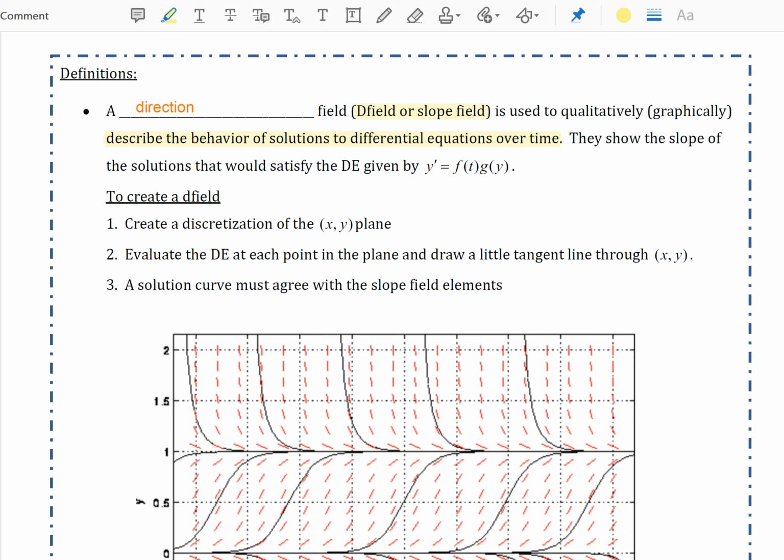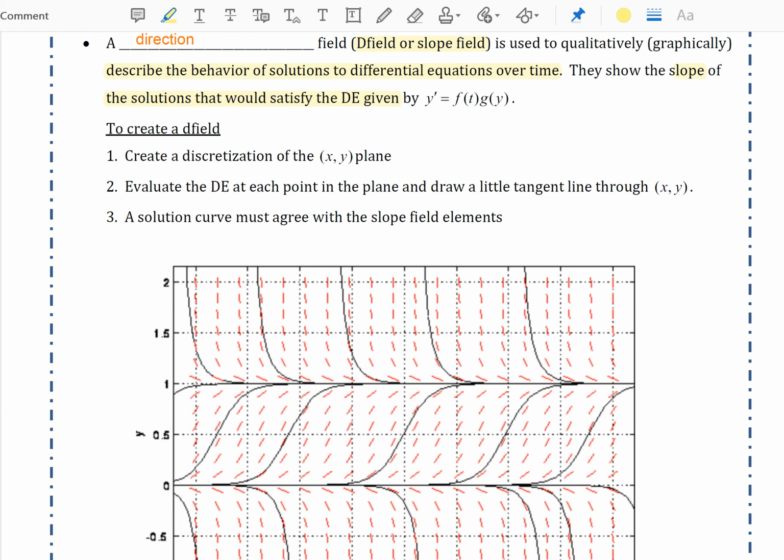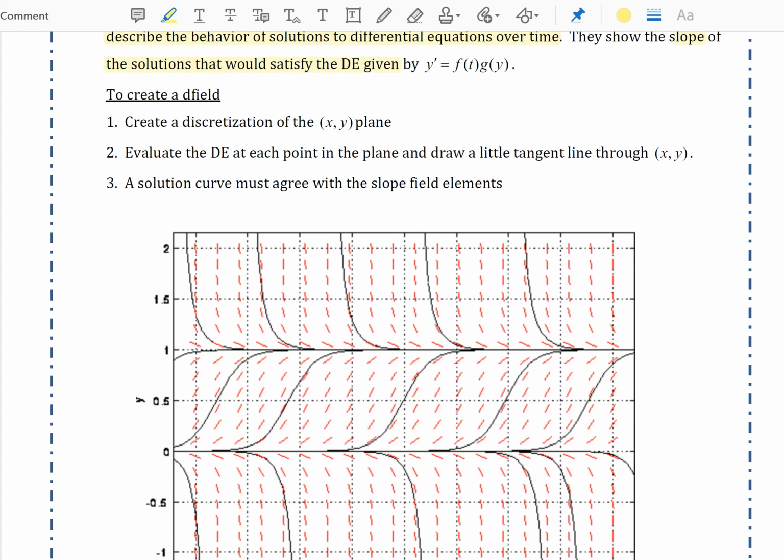These direction fields will show the slope of the solutions that would satisfy the differential equation. And here you can see an image of what a typical direction field looks like, where each of these little red lines would represent the slope of a proposed solution, where each of the black lines is a different solution or a different member of the family of solutions.